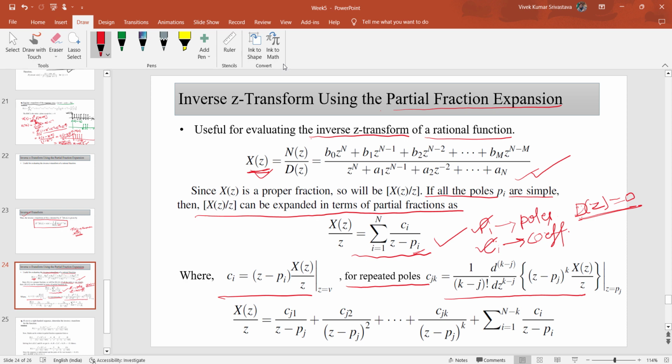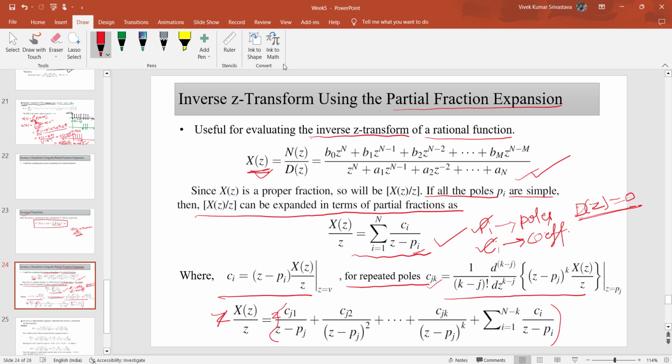Okay, so now once you evaluate these coefficients Ci and poles Pi, we can write X of z by multiplying z on both sides, and you will get it like this.